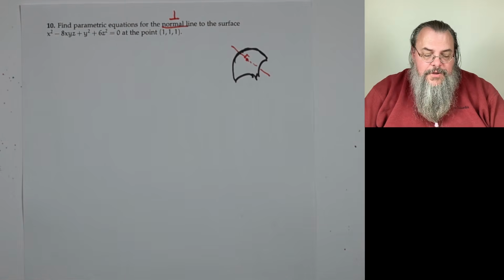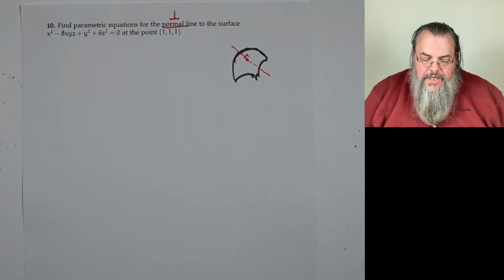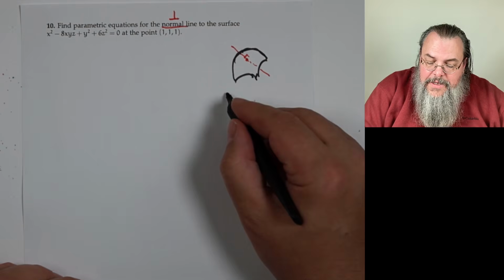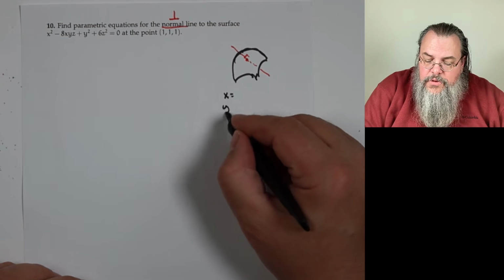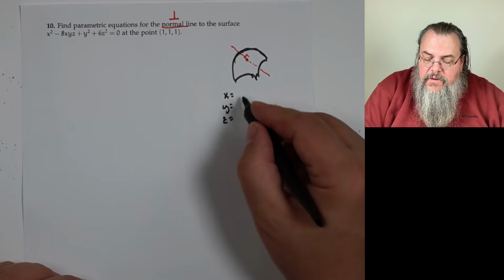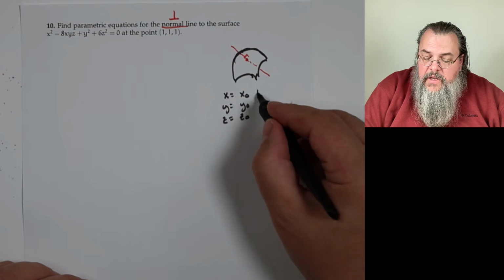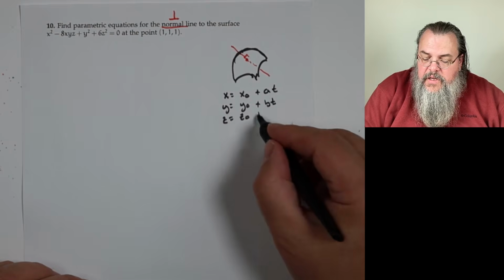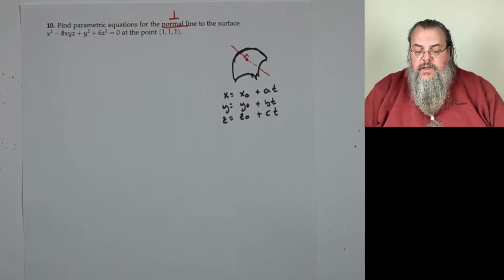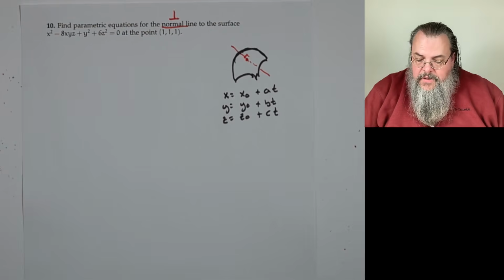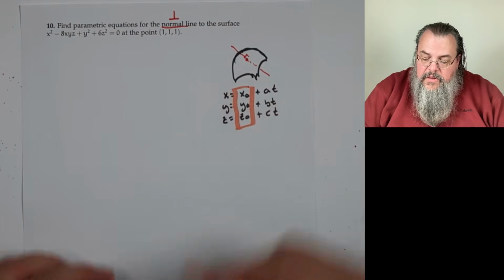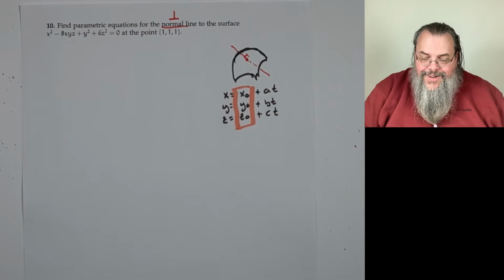Now there's one other useful piece, which is to say, hey, how do you make a line? Well, a line has 2 main pieces. You have x naught, y naught, z naught, and you have a times t, b times t, and c times t. Where, let's be careful here, x naught, y naught, z naught is the point on the line.